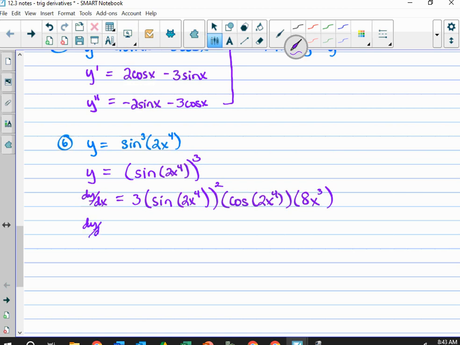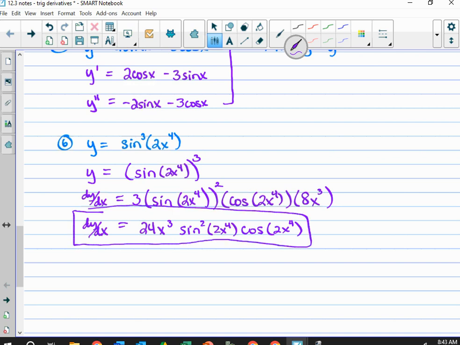So simplifying it just a little, 3 times 8, so I'd have 24 x cubed. And then you could go back to writing this like sine squared of 2x to the fourth times cosine of 2x to the fourth. Okay. Does that make sense? Did I lose anybody in the different steps of that chain?